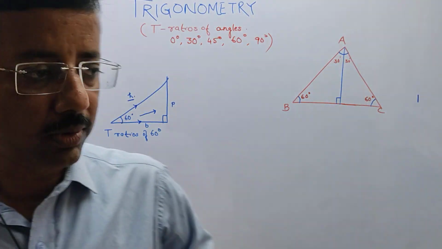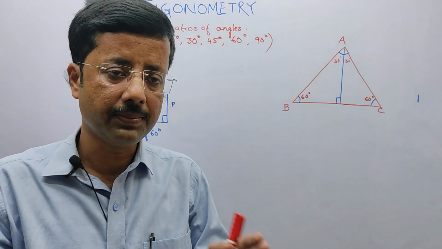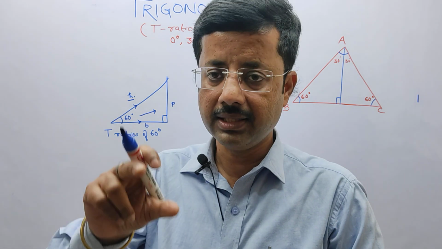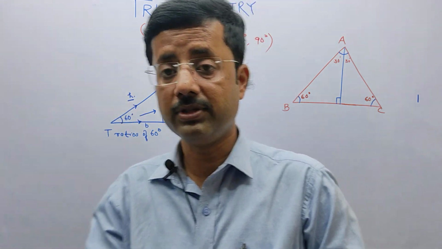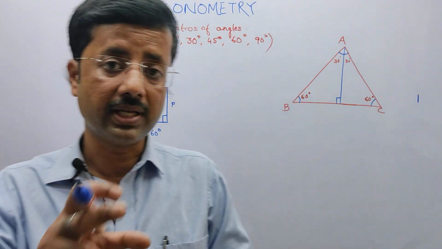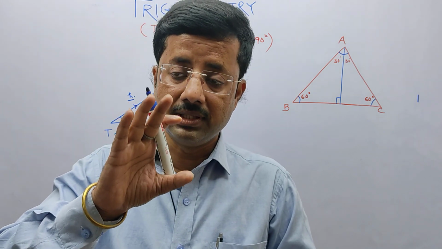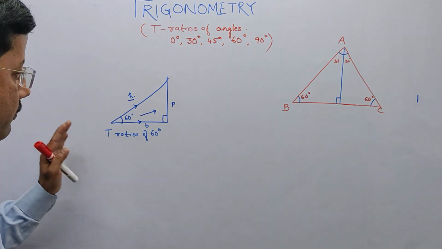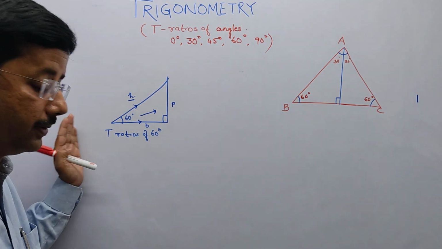Or if we talk about 30 degree, it means the 30 degree angle in the right angle triangle and the ratios of the perpendicular, hypotenuse and the base. So these are the T ratios of the different angles of the triangle.